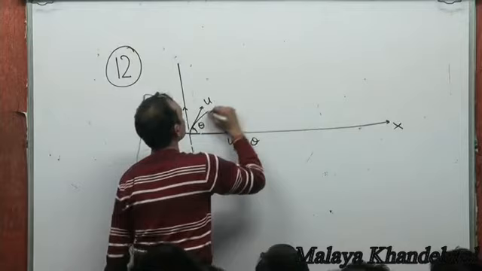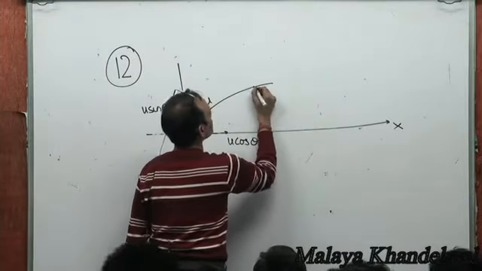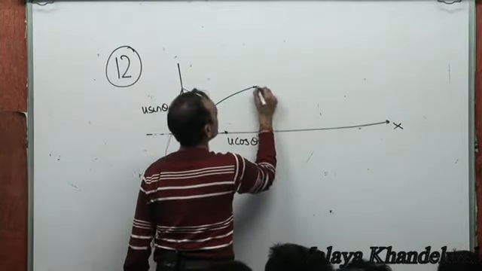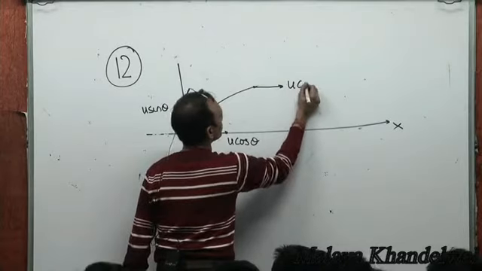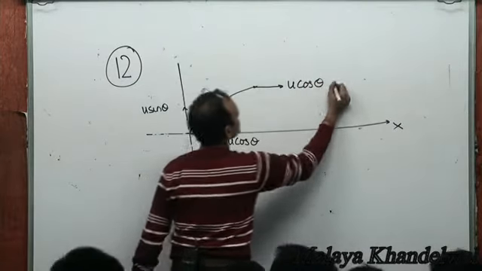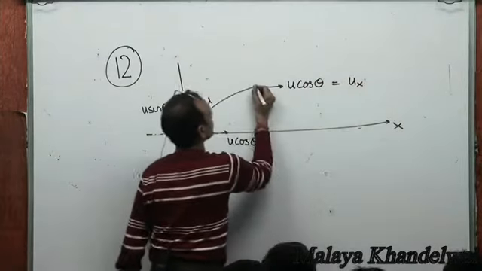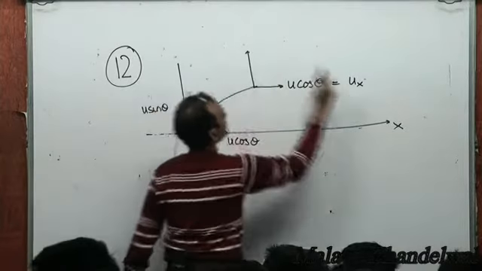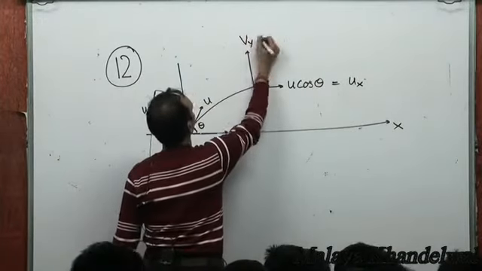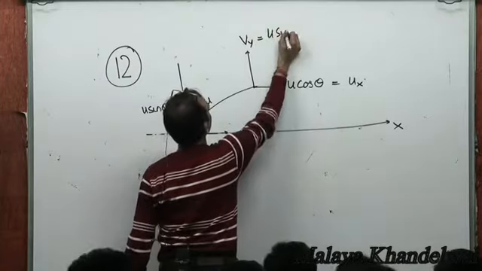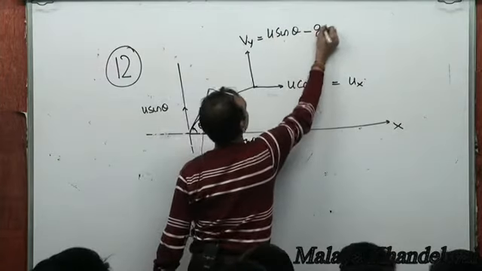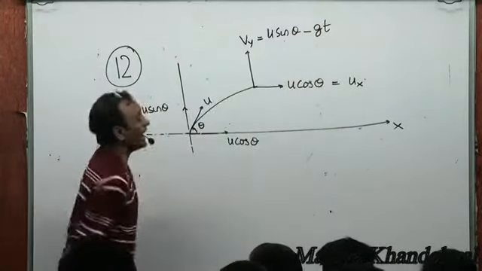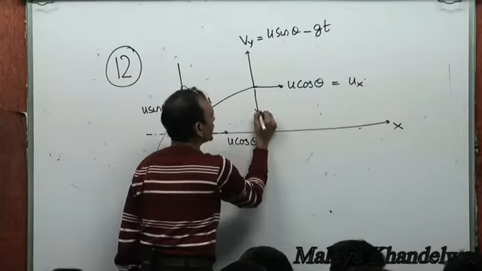T seconds later, what happens to u cos theta? It remains the same. This is ux, the horizontal velocity. What's the vertical velocity? T seconds later, u sin theta minus gt is the vertical velocity. And gravity is acting downwards.